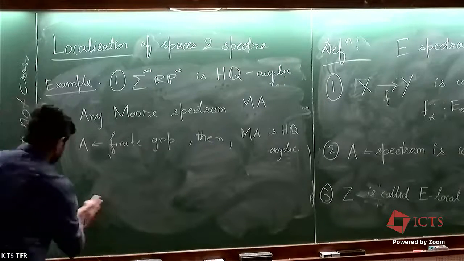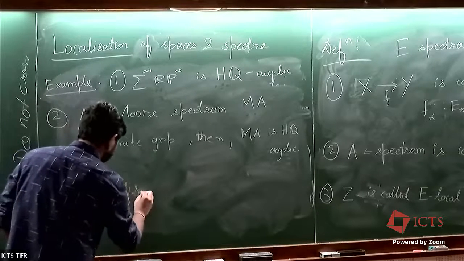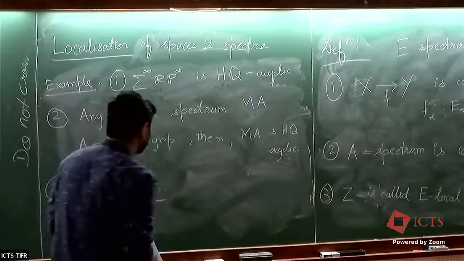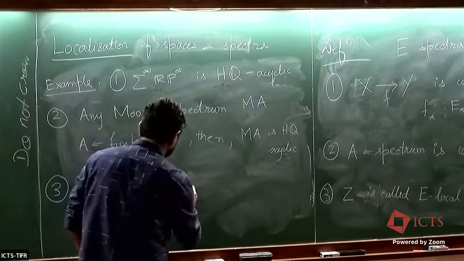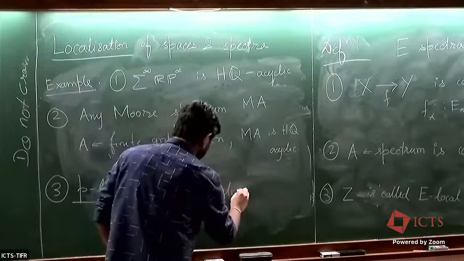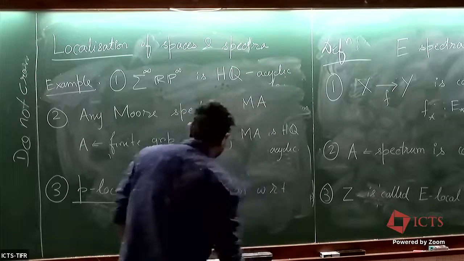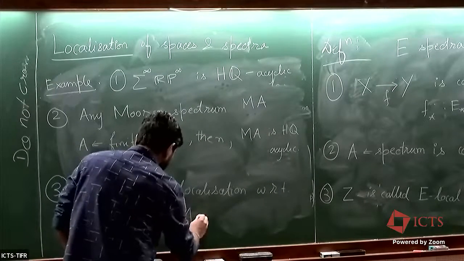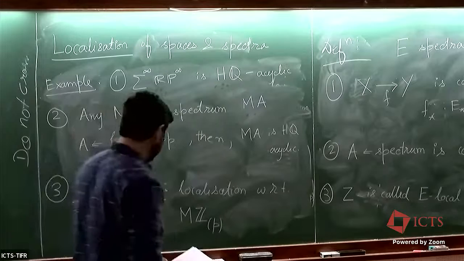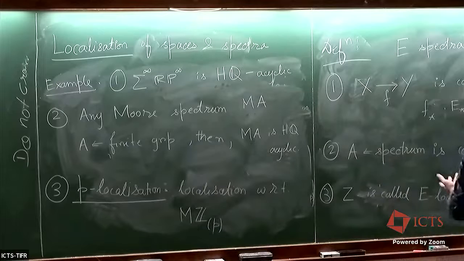And now localization is nothing but localization with respect to the Moore spectrum Z localized at P. So what do I mean by localization with respect to a spectrum, and does that even exist?